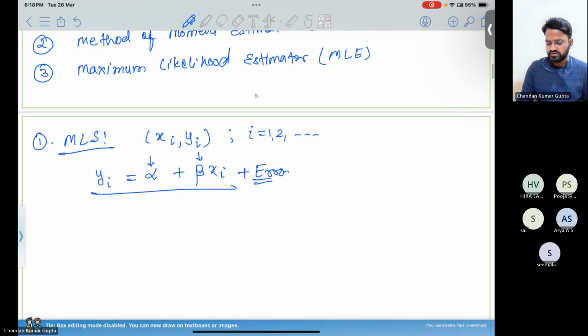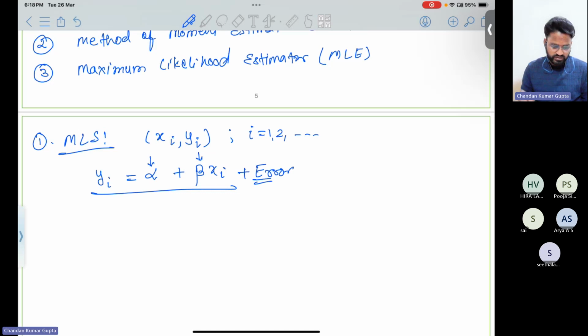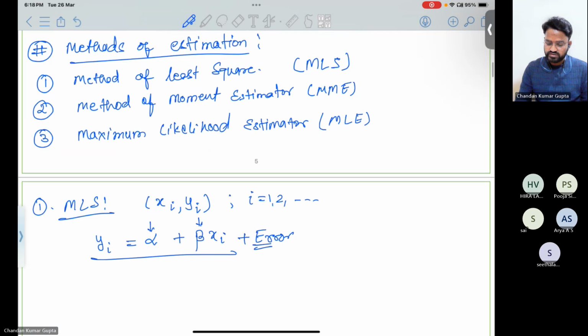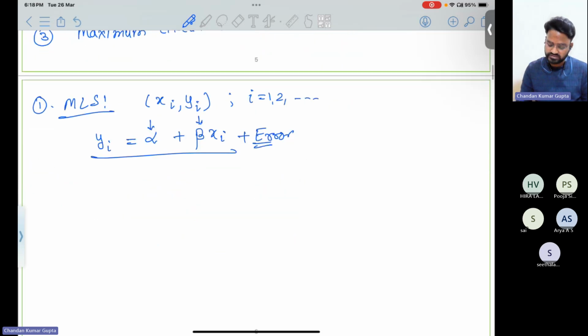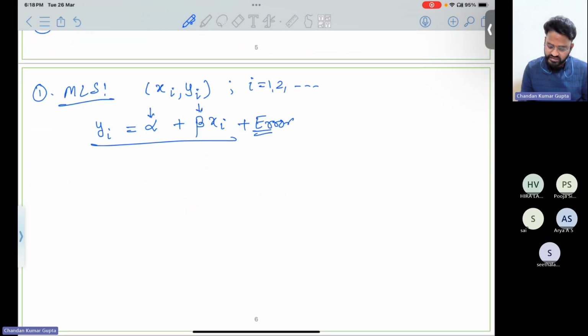Our aim is to minimize the least square. The least square method minimizes the error, that means yi minus alpha minus beta xi. This is our error term.